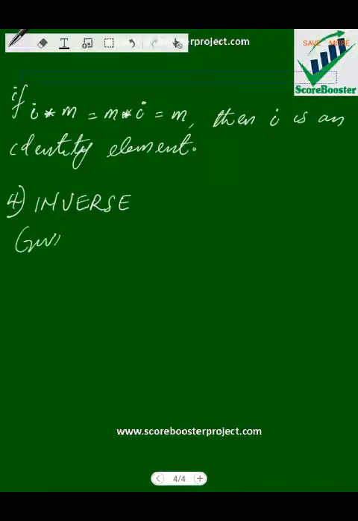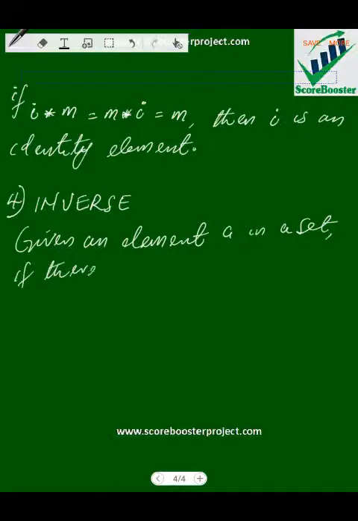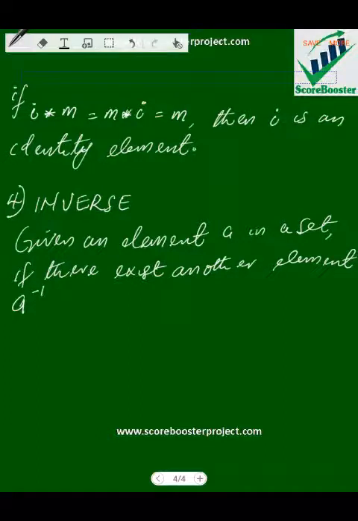So inverse, given an element A in a set, if there exists another element A inverse such that A times A inverse is equal to I. Remember, I have used I as identity element, so I will define it.